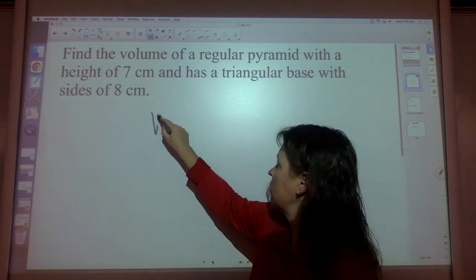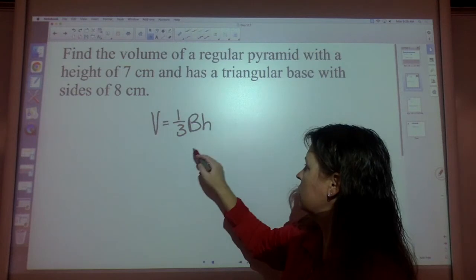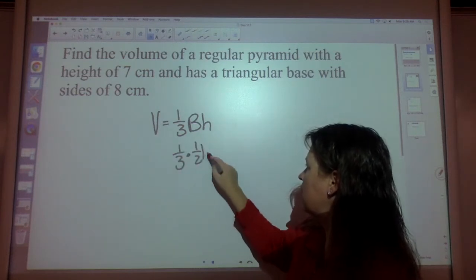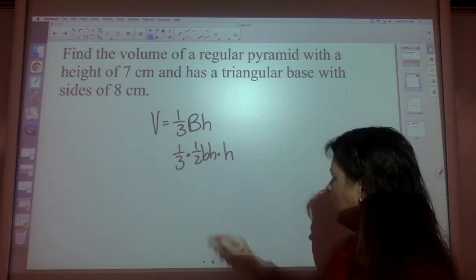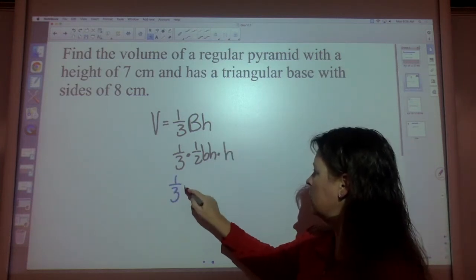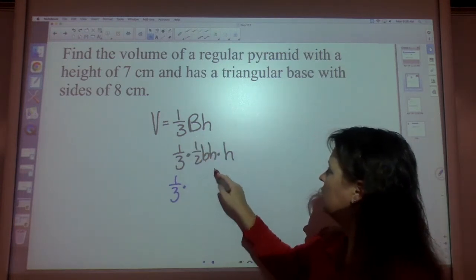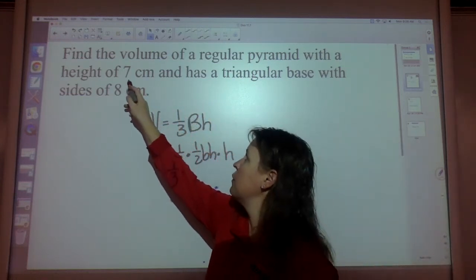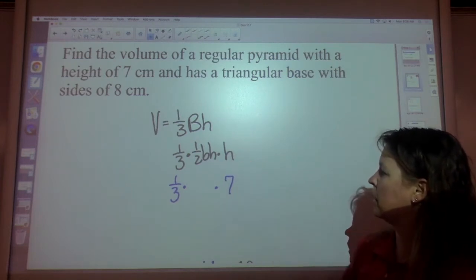Our volume is 1/3 capital B times H. Capital B is 1/2 base times height. We know the 1/3. We know the base has sides of 8. We're going to find the height of the base, and the height of 7 centimeters is the actual height of the pyramid.